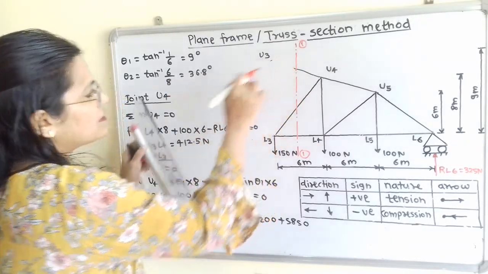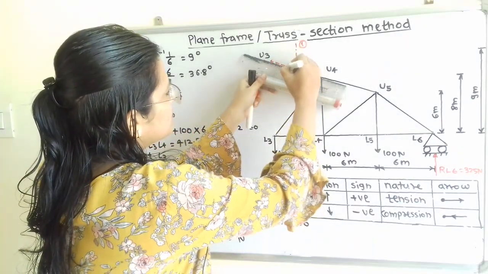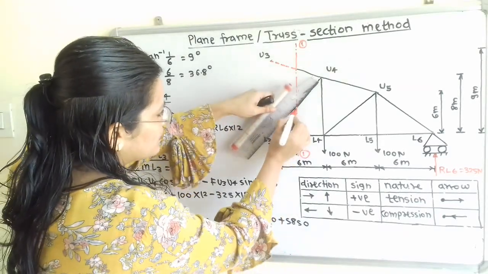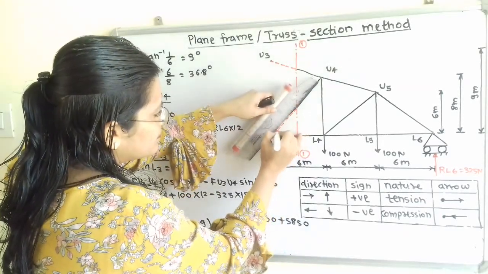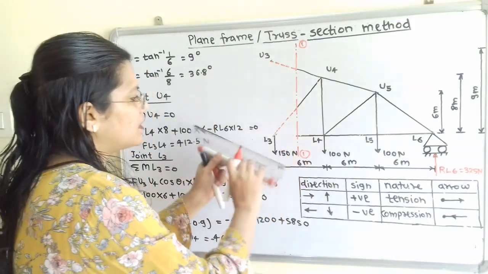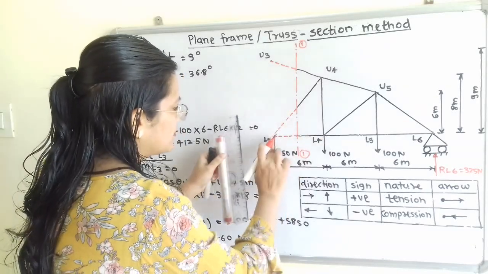I will make the construction with the help of dotted lines. Here is L3U4 and L3L4. So on this left hand side we complete this with the help of dotted lines.